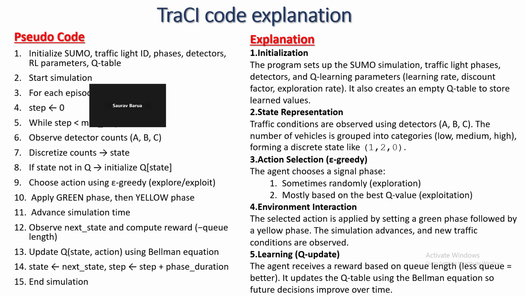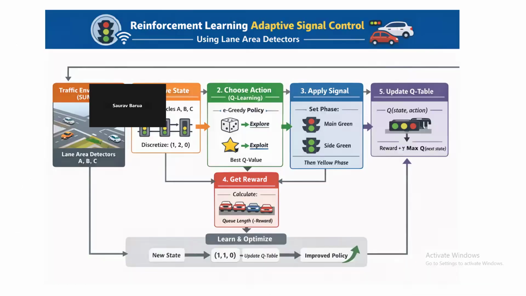And in the fifth stage, the Q is updated and it receives the reward value, which is the queue length. A smaller queue length is better. And it updates the Q table using the Bellman equation and provides future decisions over time.